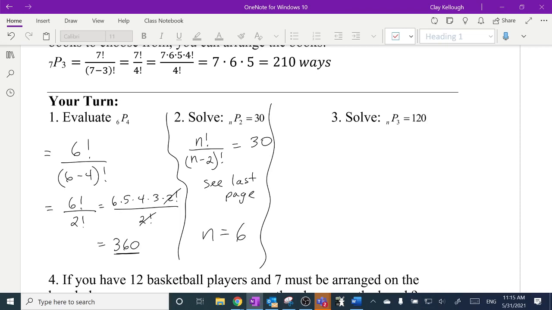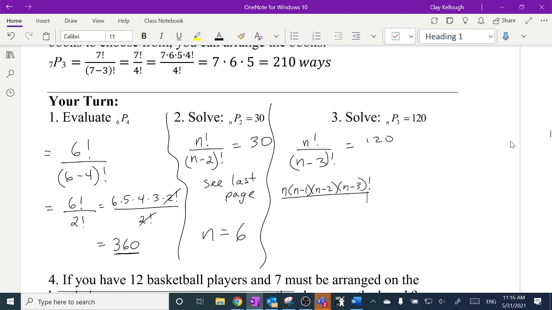Here's a new one. We have n factorial over n minus 3 factorial equals 120. Okay, so that's going to be n times n minus 1 times n minus 2 times n minus 3 factorial all over n minus 3 factorial equals 120. Those guys cancel. So that leaves me with n times.